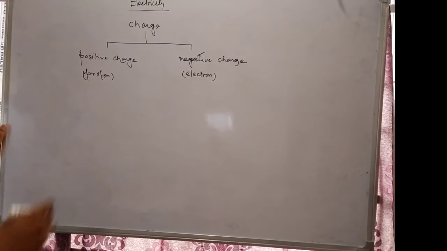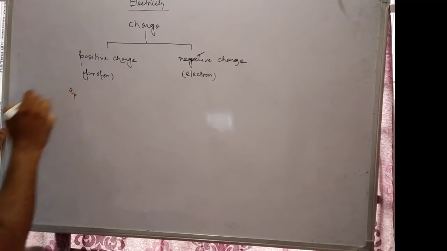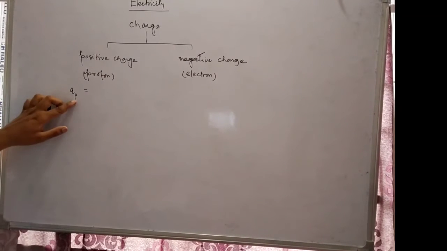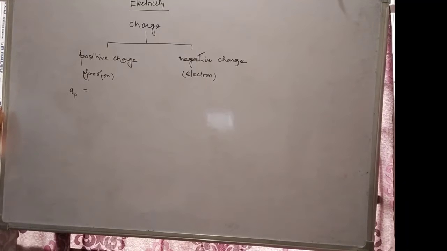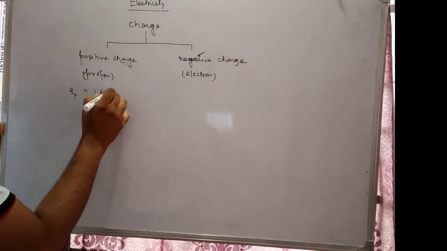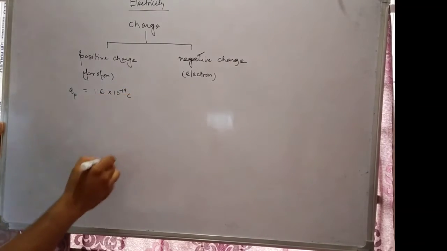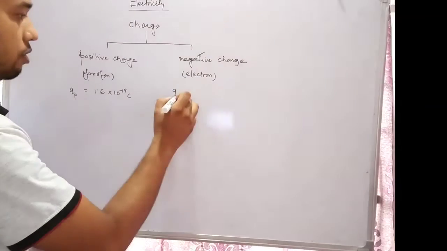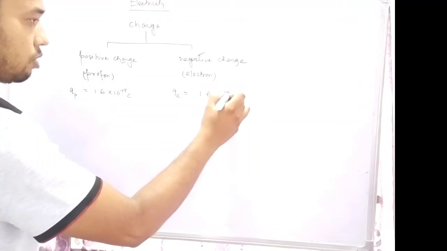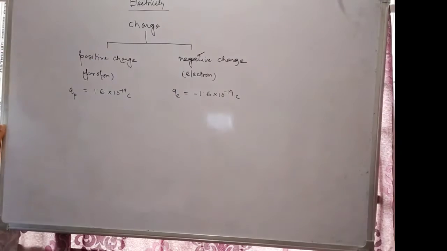The value of charge of a single proton, suppose we denote it by Qp, we denote charge by Q and P for proton or positive charge, is 1.6 into 10 to the power minus 19 coulomb, and the value of a single electron is also 1.6 into 10 to the power minus 19 coulomb, but it is negative.